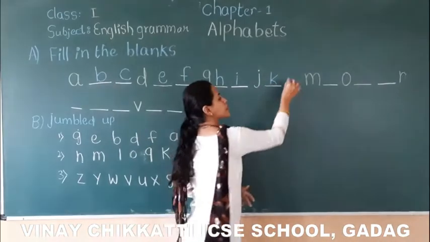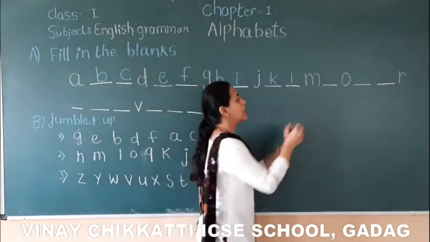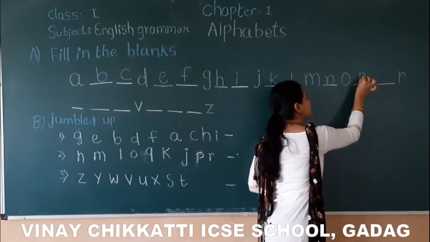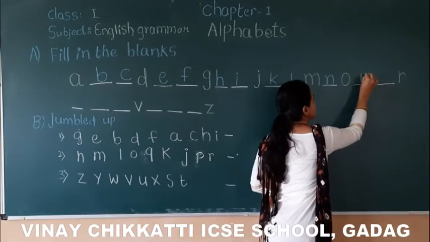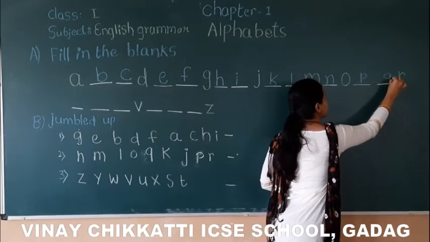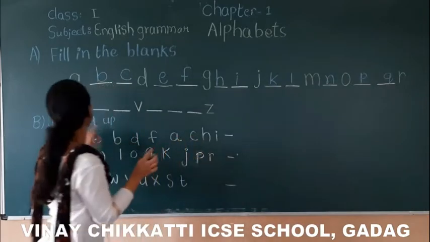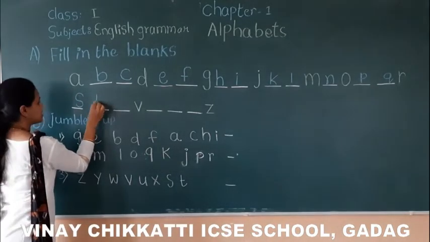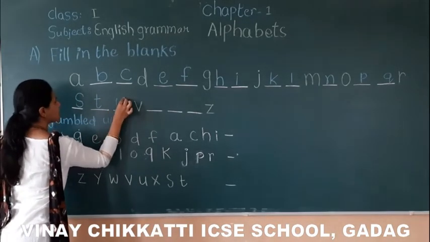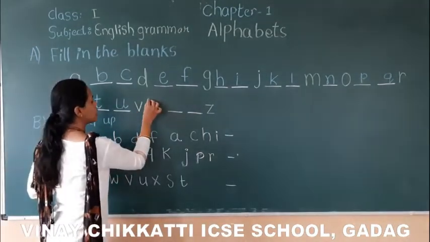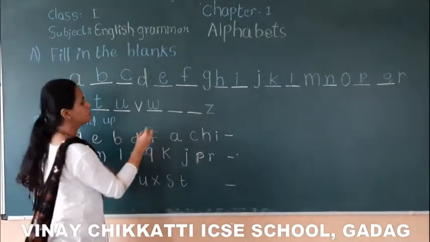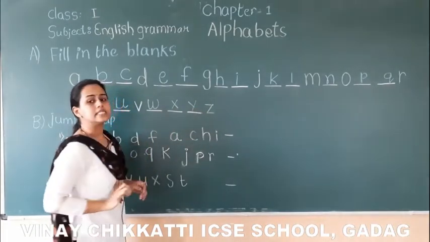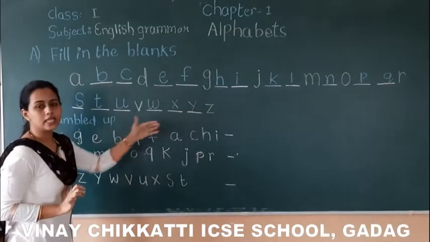J, K, L, M, N, O, P, Q, R. After R, yes, S. T, U, V, W, X, Y and Z. These are the small letter alphabets.